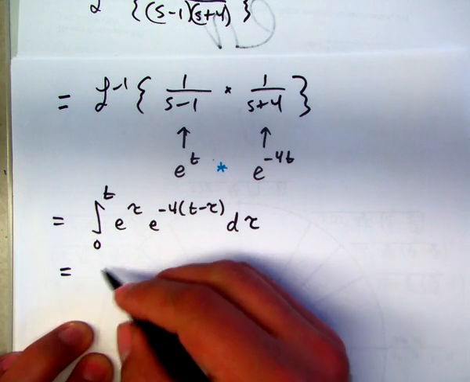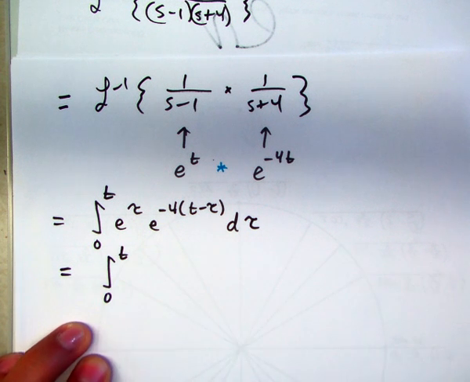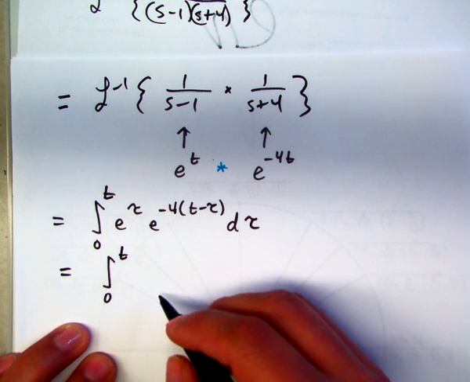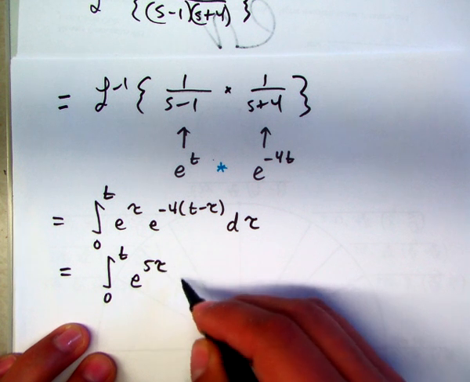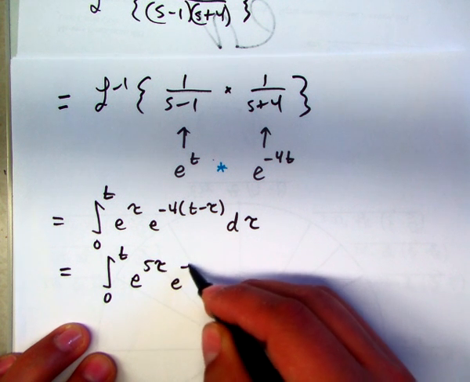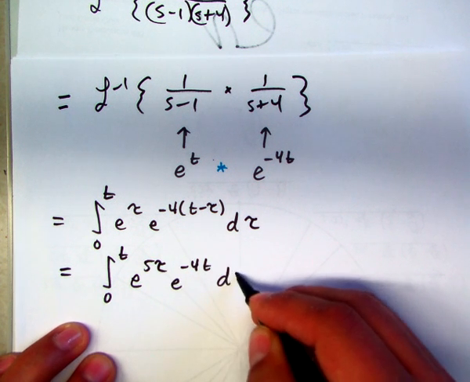We can combine the exponential terms. We'd have e to the 5 tau, and then e to the negative 4t d tau.